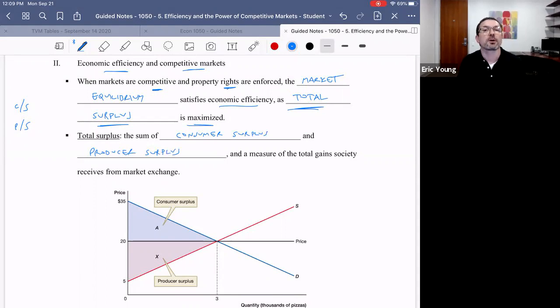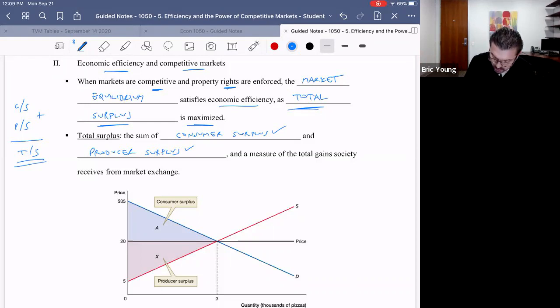In other words, we learned that consumer surplus represented the gains to buyers when they exchange and trade, and we learned that producer surplus was the gains to sellers. Total surplus, therefore: consumer surplus plus producer surplus equals total surplus. You can see total surplus as the overall gains to all of society, to all the buyers and all the sellers, when we have market exchange.